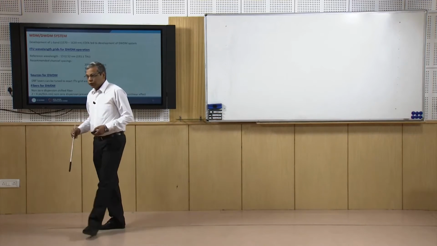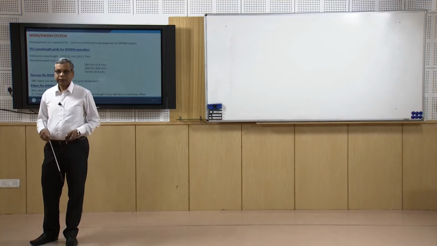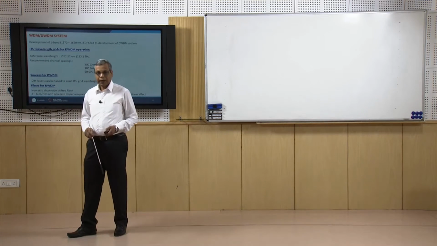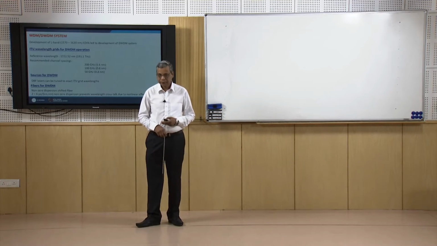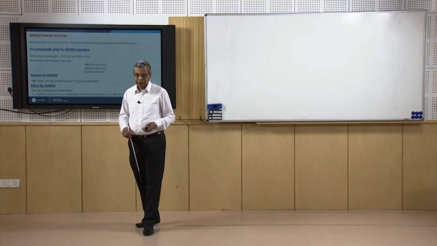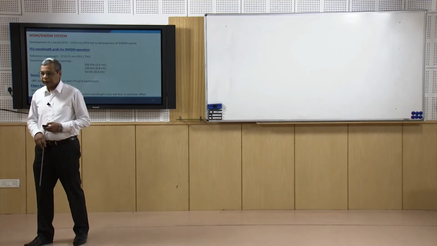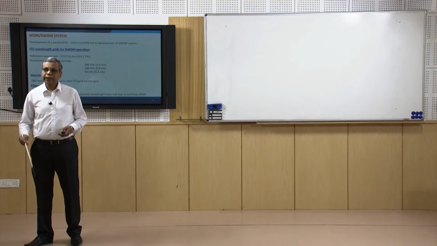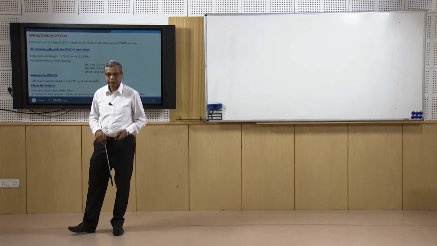So, we should have a fiber which can avoid nonlinear effects. And to avoid nonlinear effect, we should have two things. One is that I should have large mode area. Another is that I should not allow the phase matching condition to be fulfilled for various nonlinear effects.